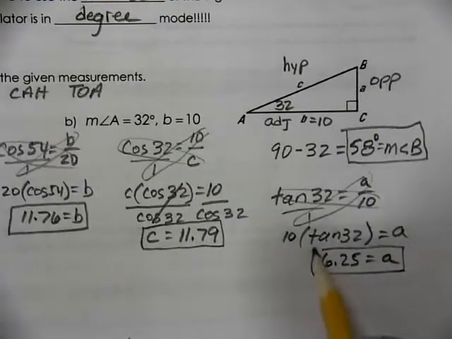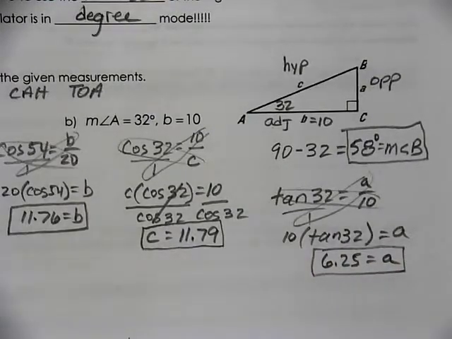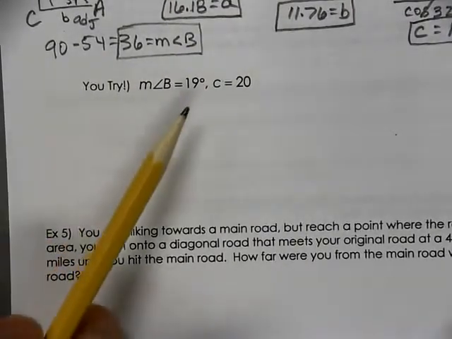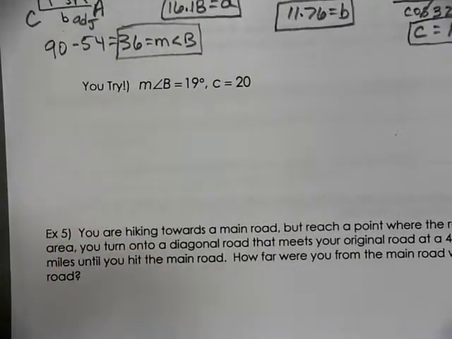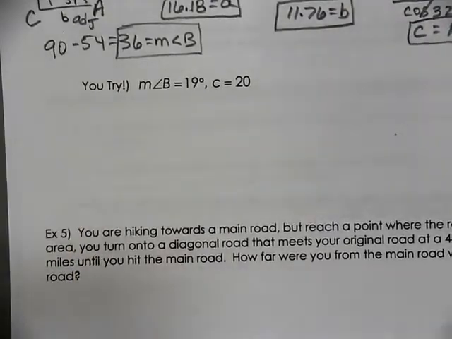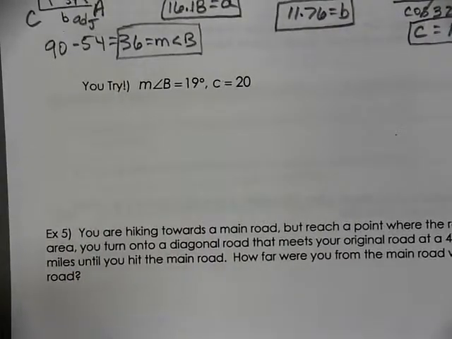So now we know all three sides and all three angles. So we can take this triangle. You should pause the video, try it on your own, log back on, and see how you did.